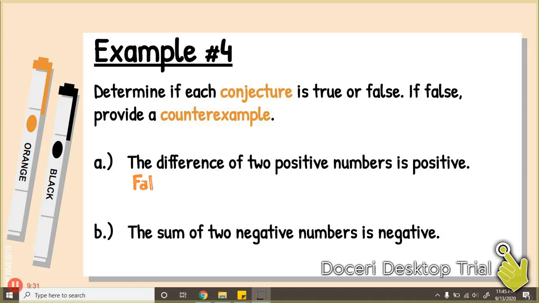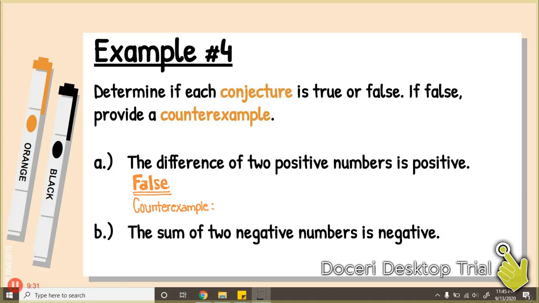If we look at two positive numbers and we find the difference, meaning we're going to subtract them, we're going to find two positive numbers that when we find the difference, their answer is not positive. That would prove this to be a false conjecture.